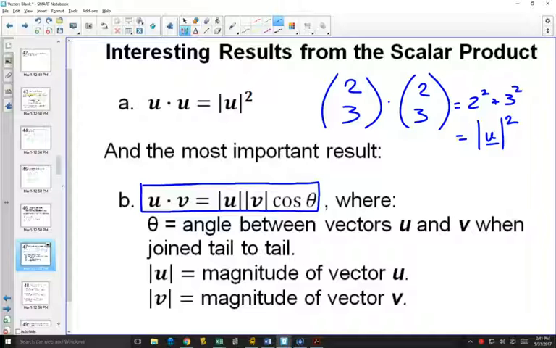Now, if we wanted to, we could set this up geometrically and we could prove this. We're not going to do that right now, but what this is going to allow us to do is figure out the angle between two vectors in a much easier way than if we tried to figure it out geometrically.